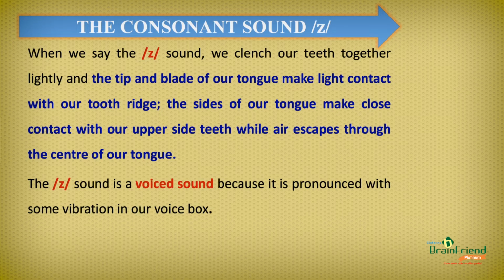The sound Z is pronounced when our teeth come together lightly and the tip and blade of our tongue make light contact with the tooth ridge. The sides of our tongue make close contact with our upper side teeth while air escapes through the center of our tongue.